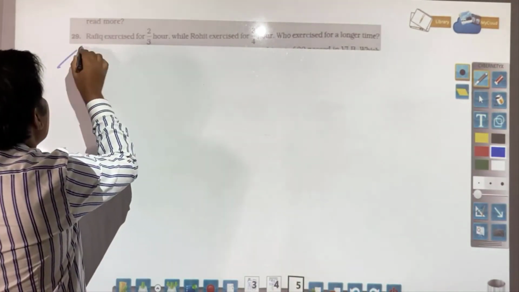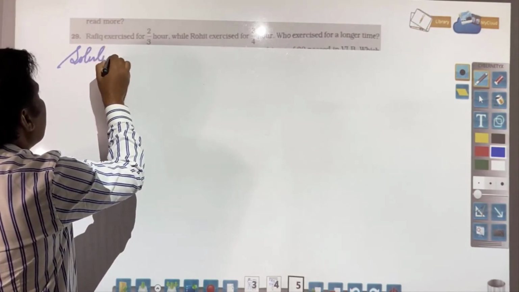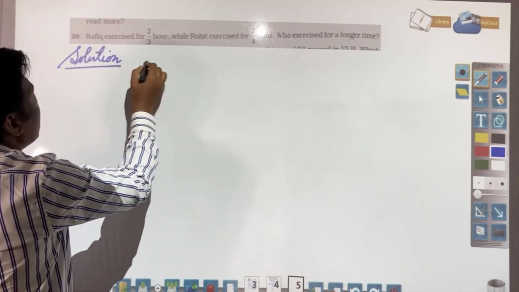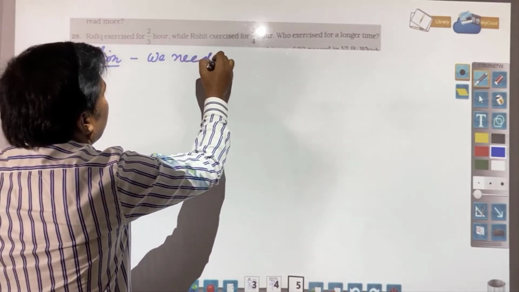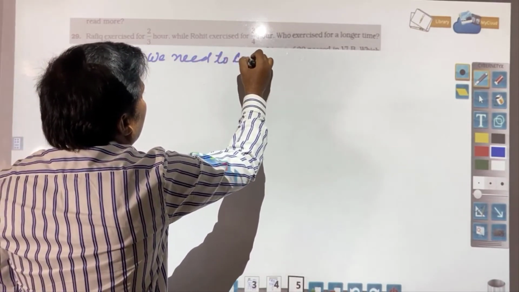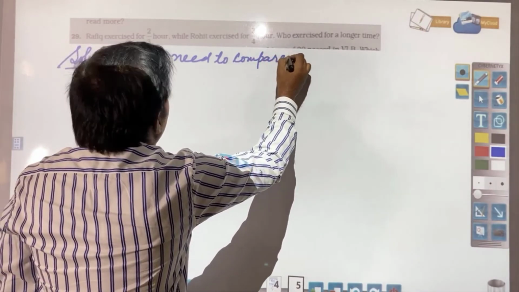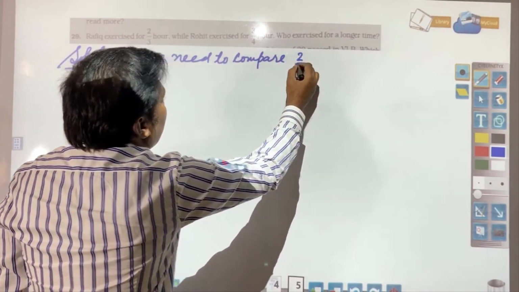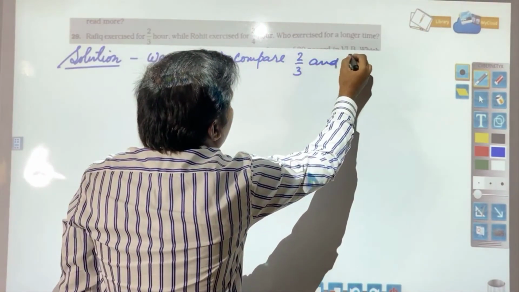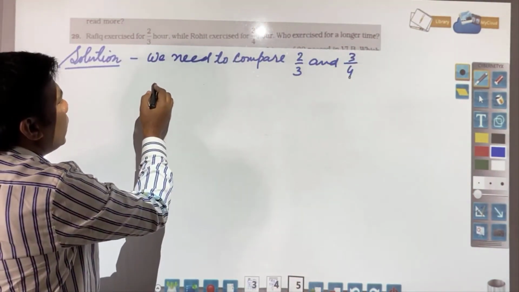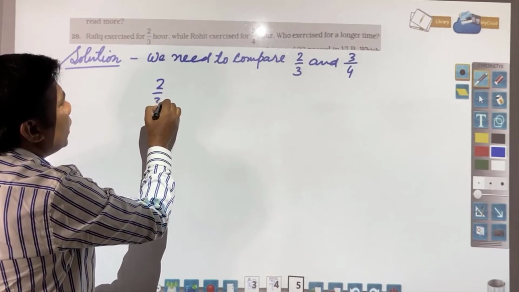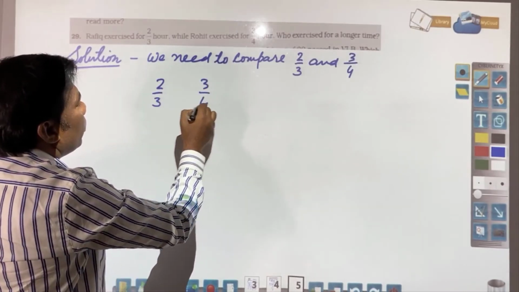So again comparison is required. We need to compare 2 by 3 and 3 by 4. If you are comparing this, what will you get? 2 by 3, 3 by 4.